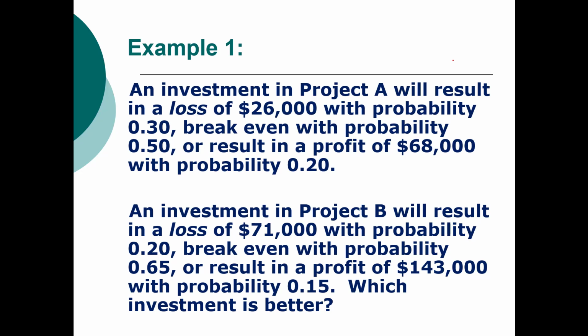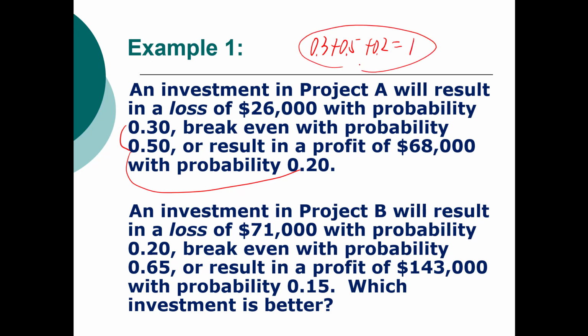Break even with a probability of 50%, 0.50 means 50%, and a profit of 68,000 with probability of 0.20. So we look at the total probability here, the sum of those three values: 0.3, adding 0.5, adding 0.2, that's 1. So total probability is always 1, because these three outcomes include all the possible outcomes.